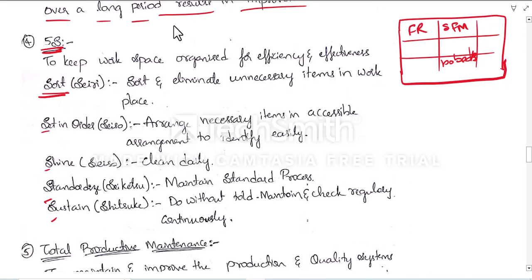We have to eliminate and remove unnecessary stuff, because we might have two books, one an outdated old version and one the new version. We have to remove the old version, it is of no use now. So we sort and remove the unnecessary items in our workplace, and we arrange the rest in an accessible manner, however is easy for you to find. A book has two sides: on one side you can see only the papers, on the other side you can see the cover.